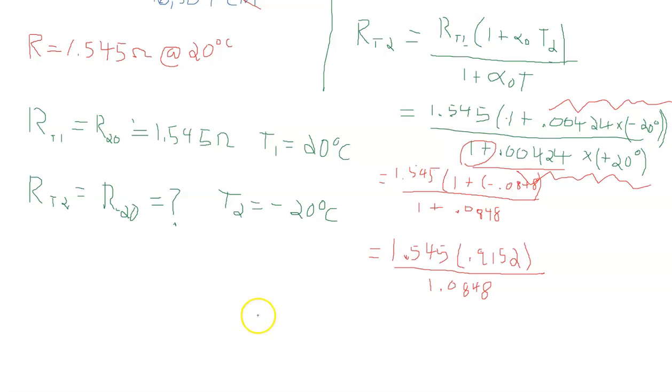And so now RT2 is equal to 1.545 multiplied by that ratio, 0.9152 divided by 1.0848, which is equal to 0.84366 basically.